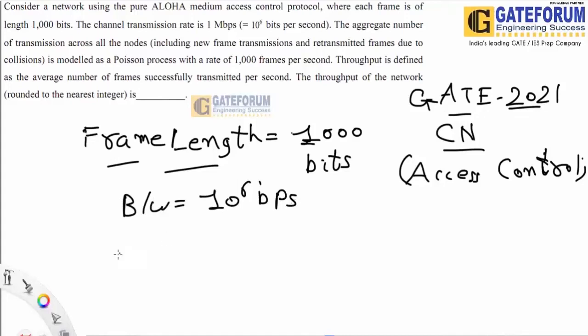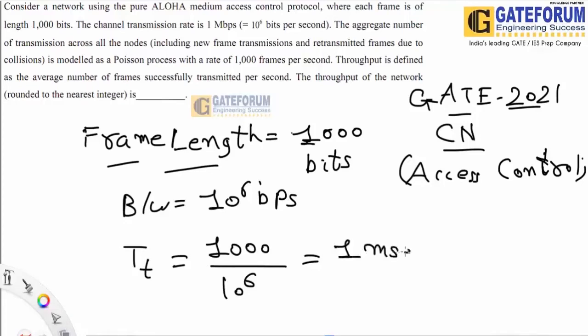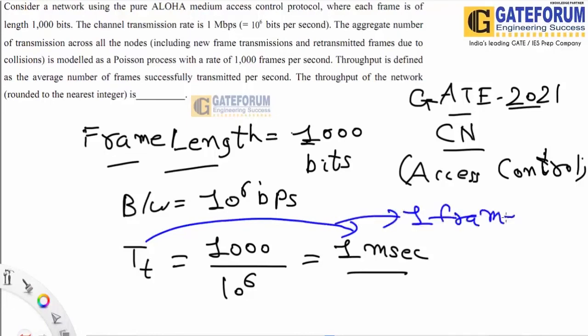Now the frame transmission time is 1000 upon 10 raised to 6, which is 1 millisecond. So ideally, for transmission of one frame, we require 1 millisecond. That's what the frame transmission time is.